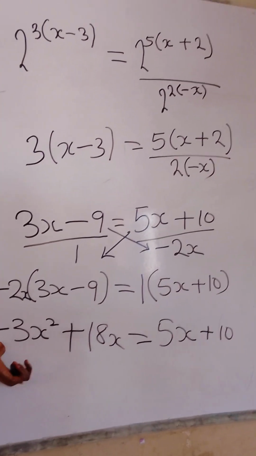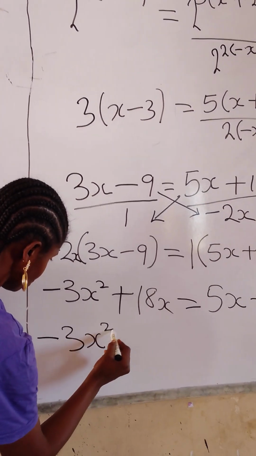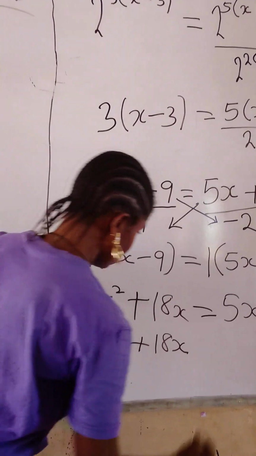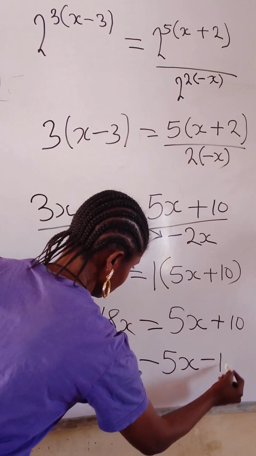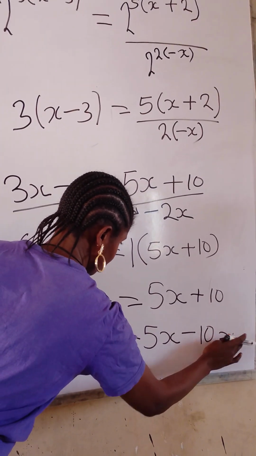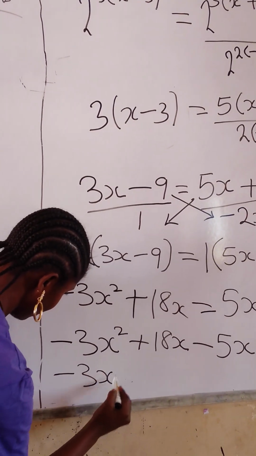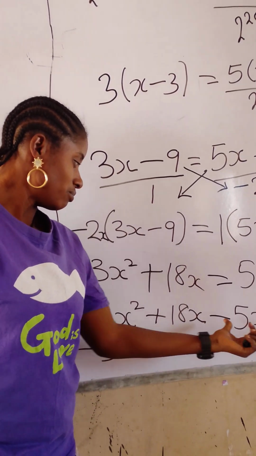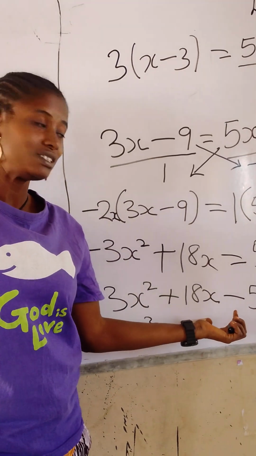From here, we collect our like terms. We say minus 3x squared plus 18x minus 5x minus 10 is equal to 0. Minus 3x squared, plus 18x minus 5x is going to give us plus 13x.